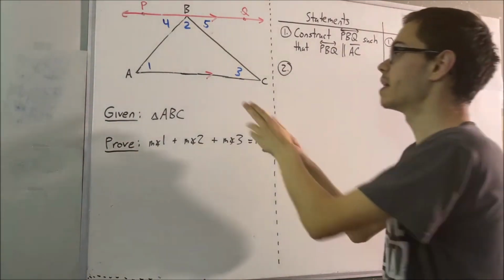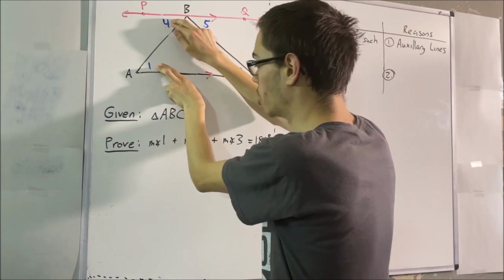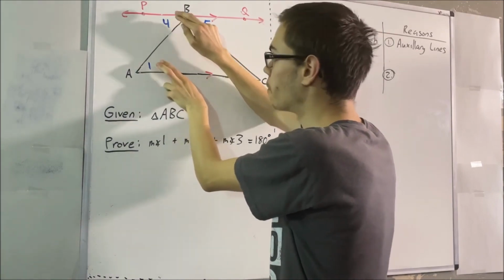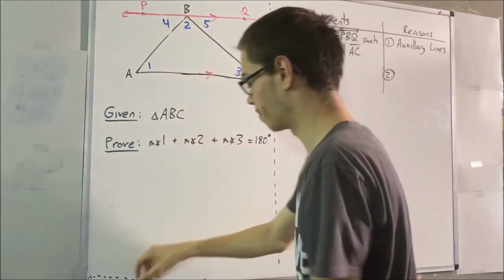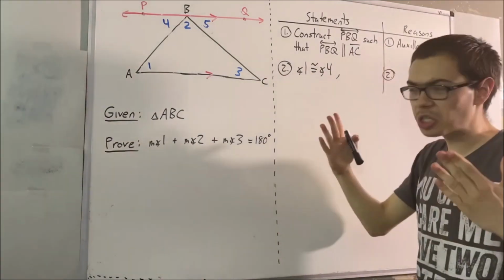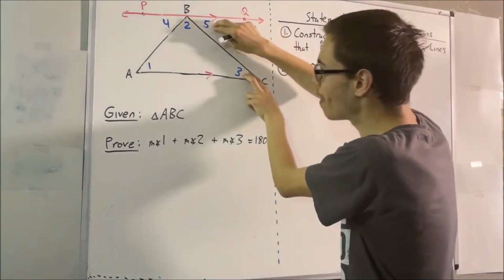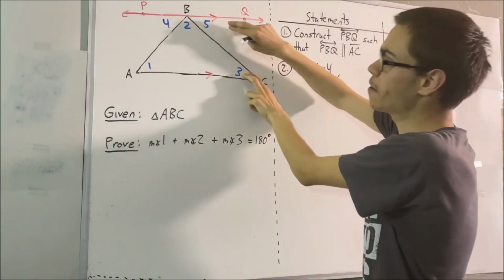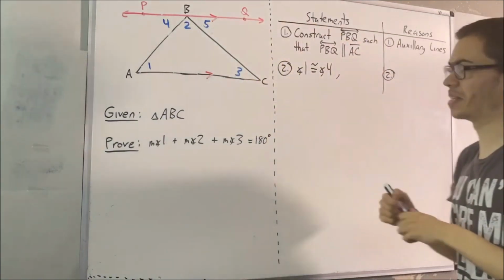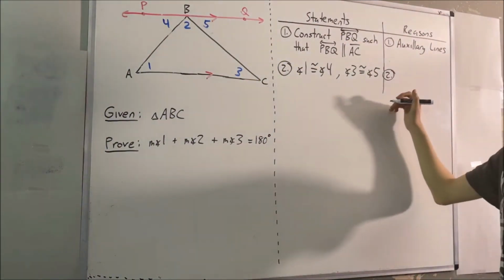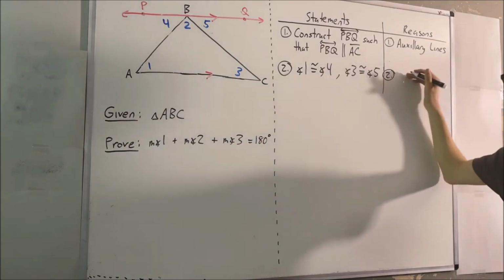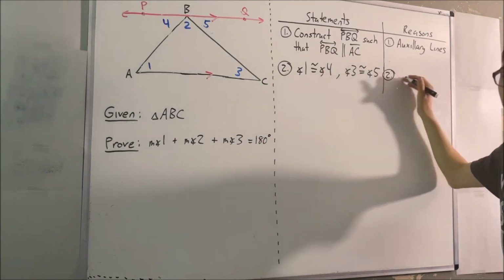Now notice, angle 1 and angle 4 are alternate interior angles. Therefore, they must be congruent. And also, angle 3 and angle 5 are alternate interior angles. Therefore, they must also be congruent. And if you recall, that theorem was called the alternate interior angles theorem.